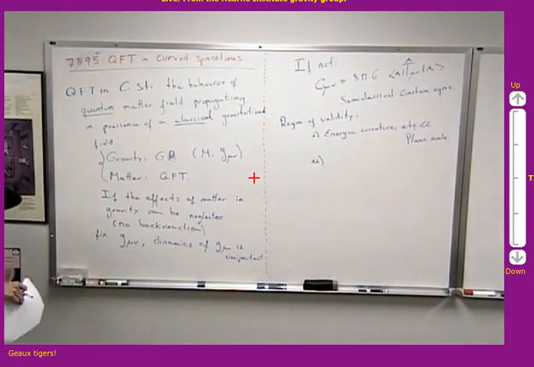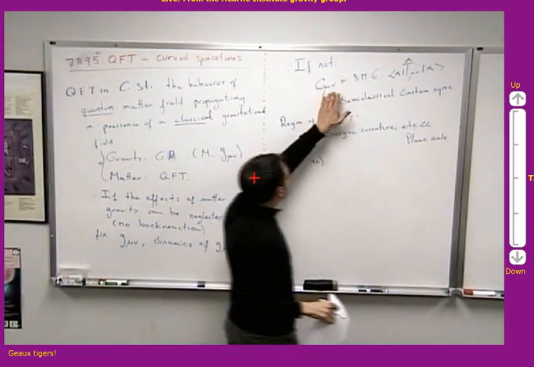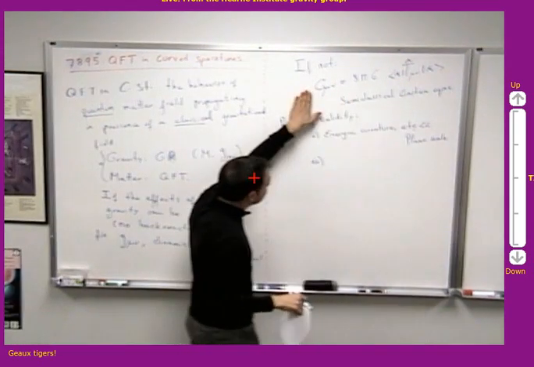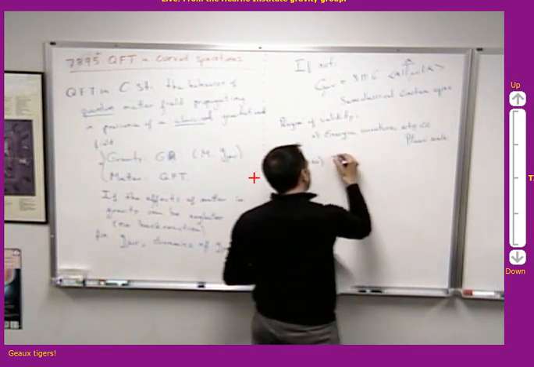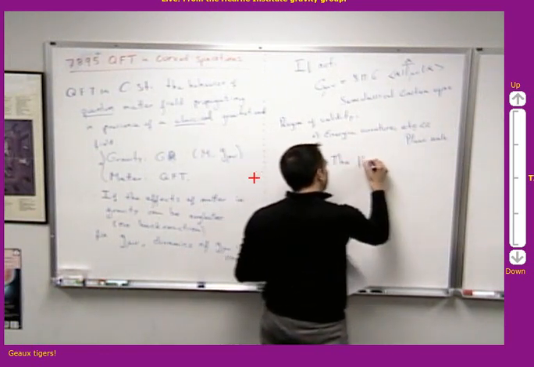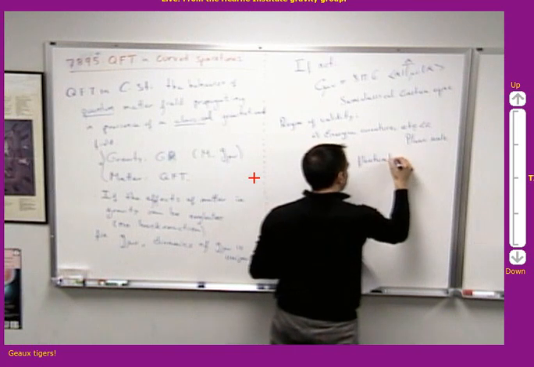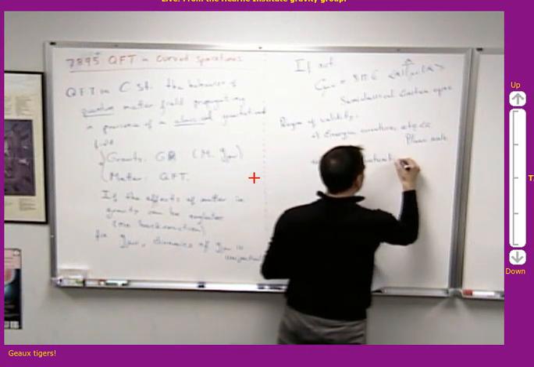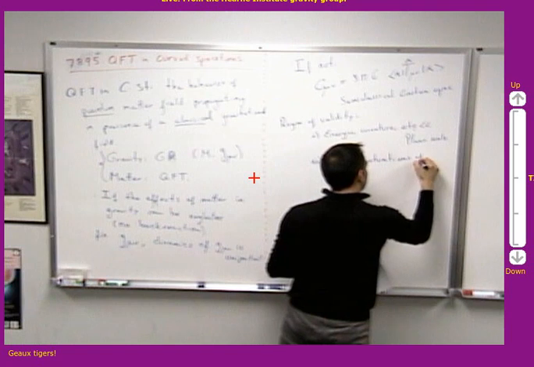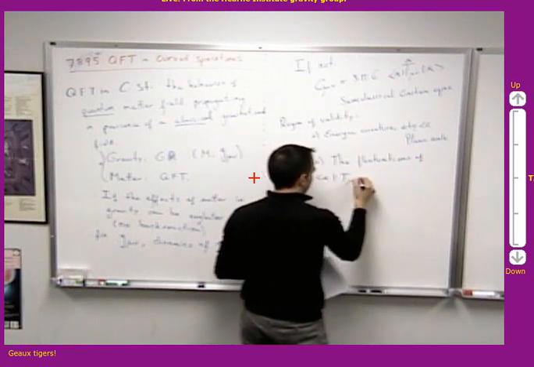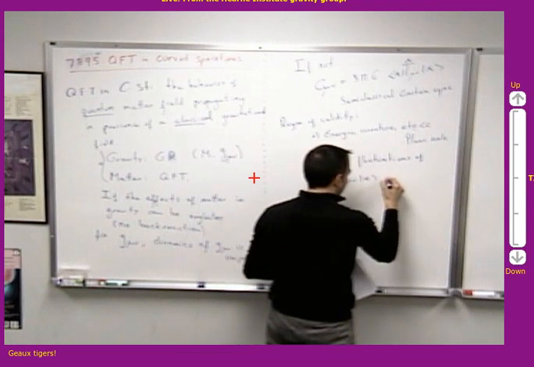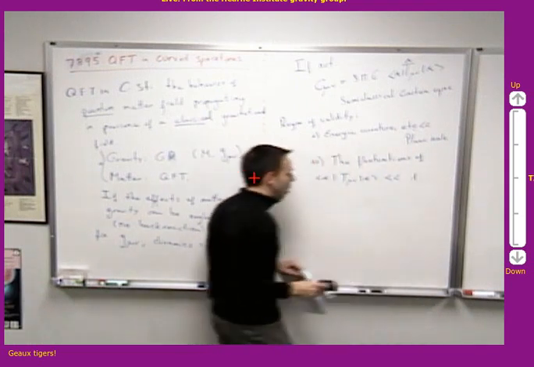But more than that, because we want to write these kinds of equations in which gravity is classical but matter is quantum, the quantum fluctuations of the energy momentum tensor of matter have to be much smaller than 1.